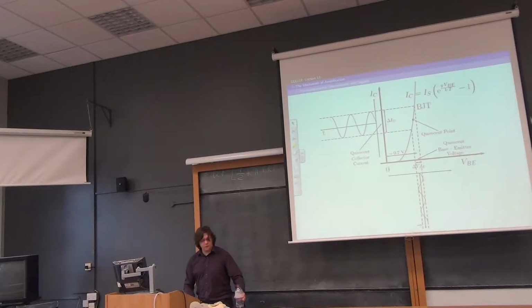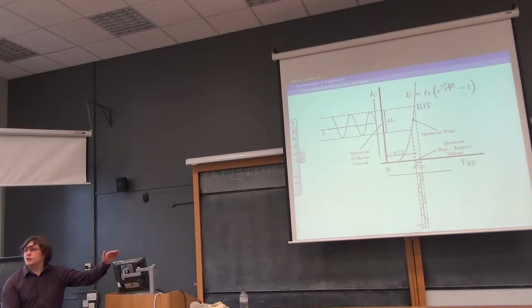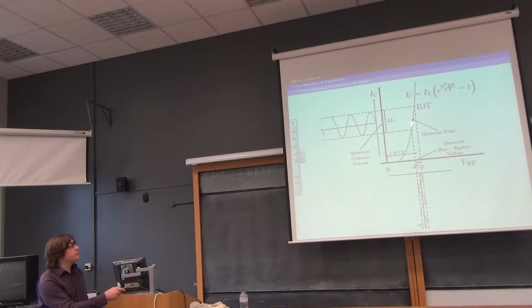So what I'm really saying there is that this point here, if I was to draw a tangent to that point, it would be something like that. If I were to start down here, and I drew a tangent, I'd have a very, very small range of available swing before the shape of the curve would involve itself in my output signal shape. So what I really want is a nice linear bit across there.